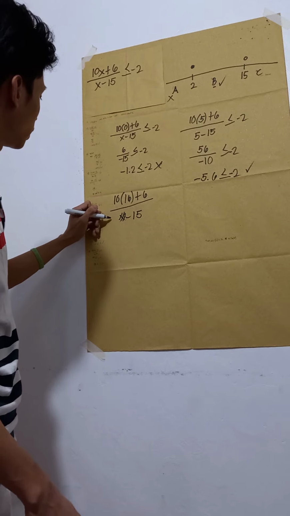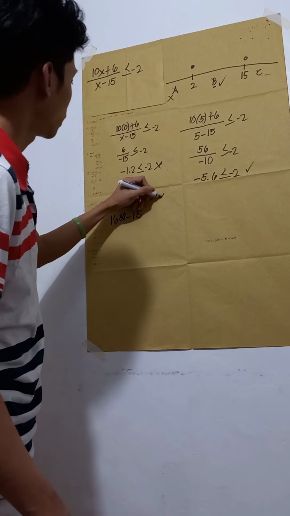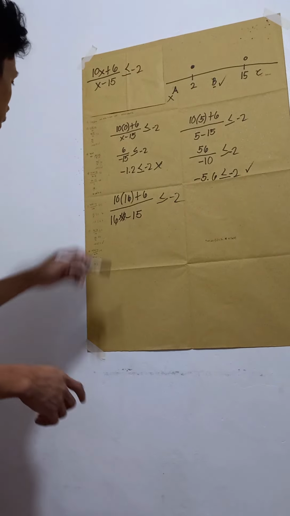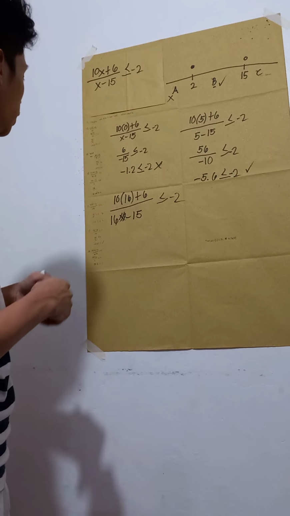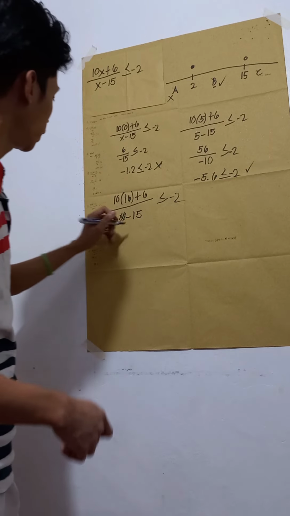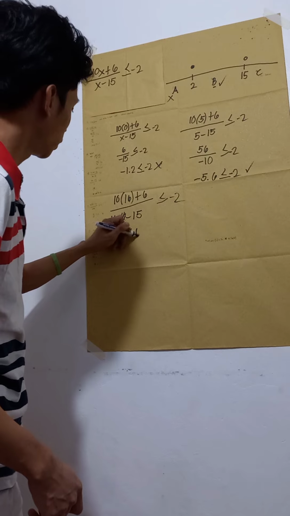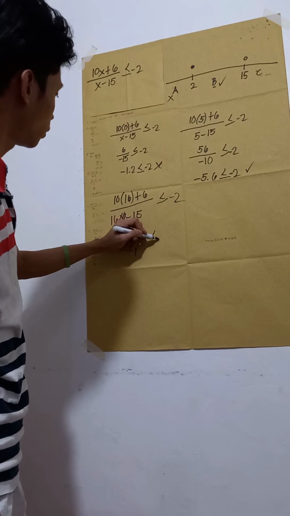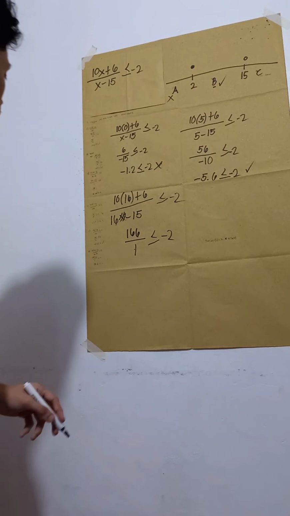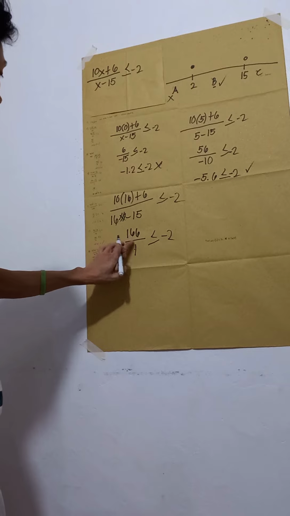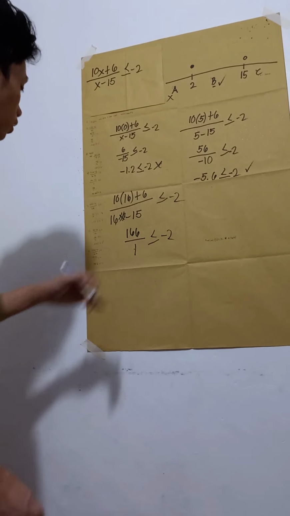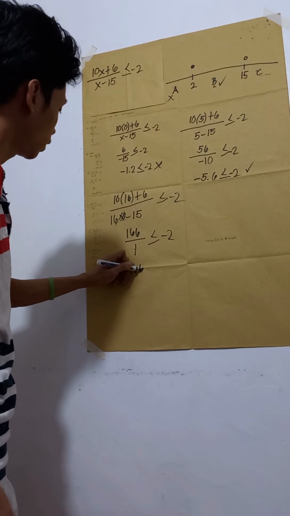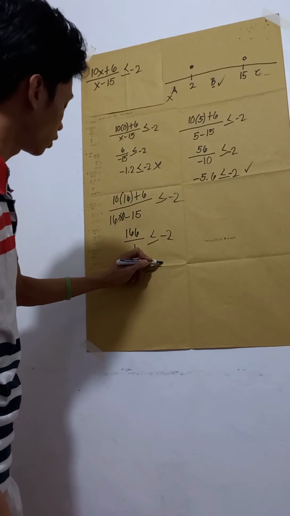Now simplify. 10 multiplied by 16 is 160 plus 6 is 166. 166 over 16 minus 15 is 1. 166 divided by 1 is 166, less than or equal to negative 2.